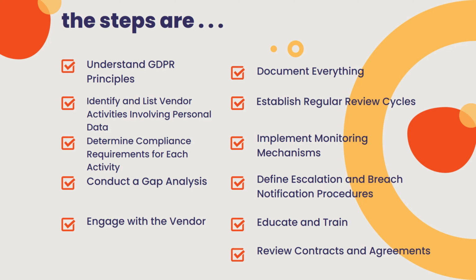Before you start doing this as a privacy professional, we need to be familiar with the GDPR principles, such as lawfulness, fairness, and transparency, purpose limitation, data minimization, accuracy, storage limitation, integrity and confidentiality, and finally accountability. We need to clarify what each principle implies in terms of data protection and privacy obligations.